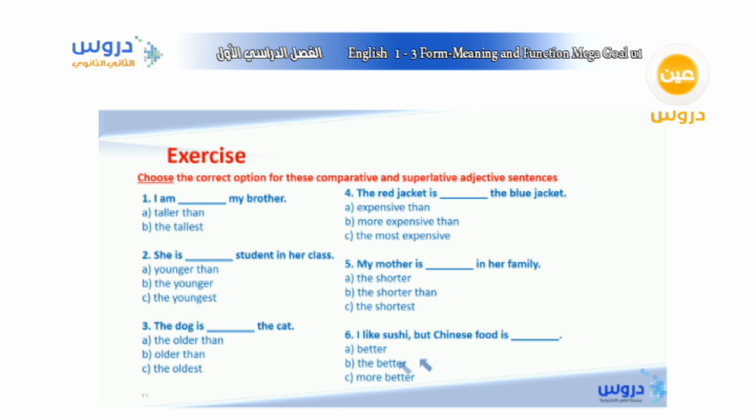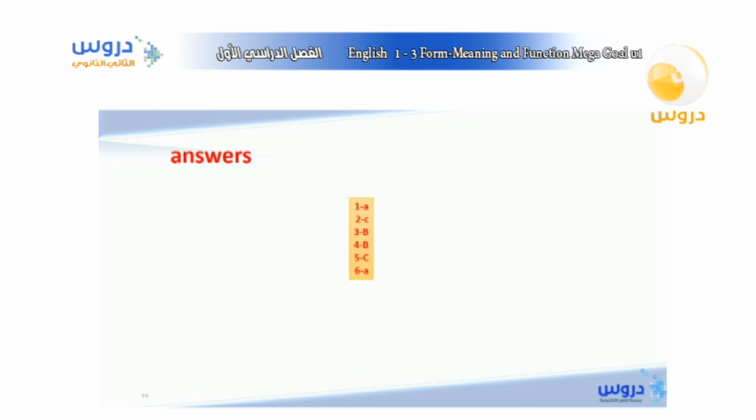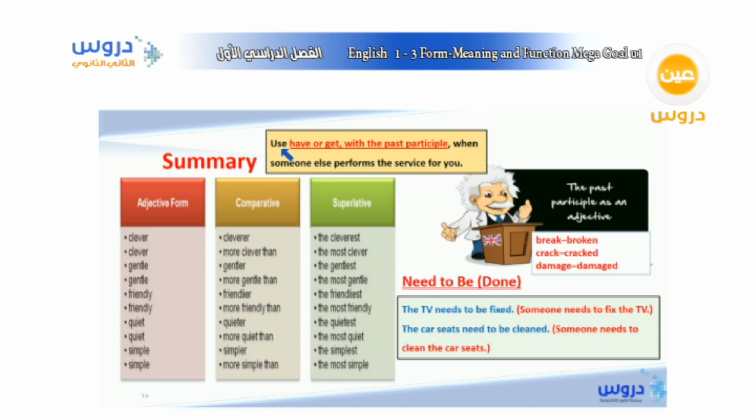The shorter than, the shortest. In her family, more than 2. The shortest, perfect. Number 6, I like sushi, but Chinese food is better. More better. Is better. Yes, the Chinese food is better than sushi. Here are the answers.